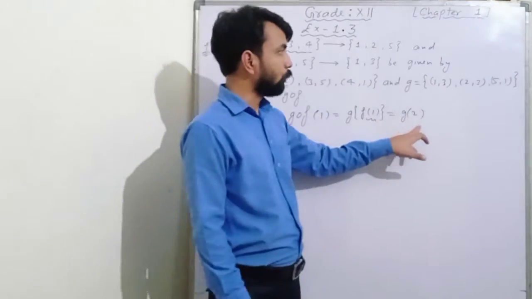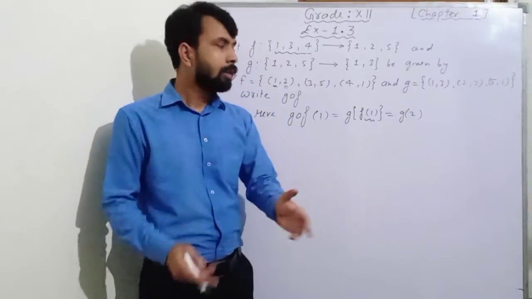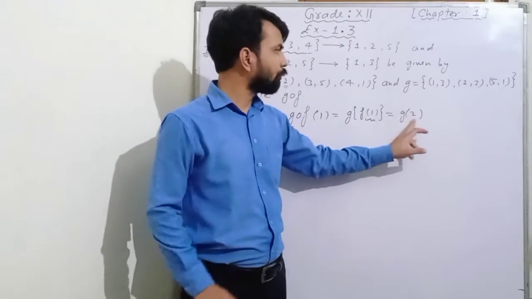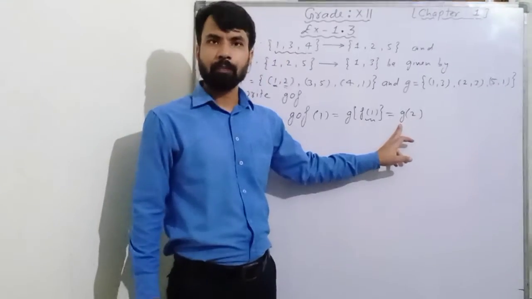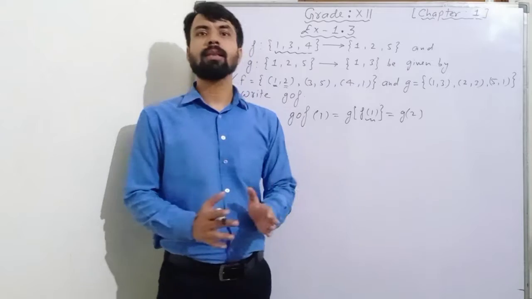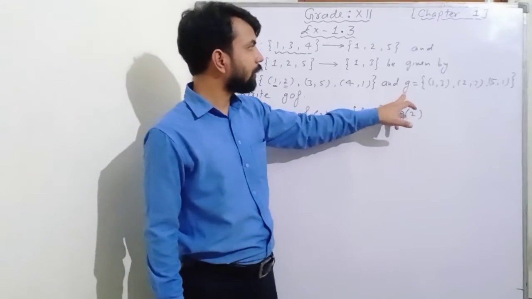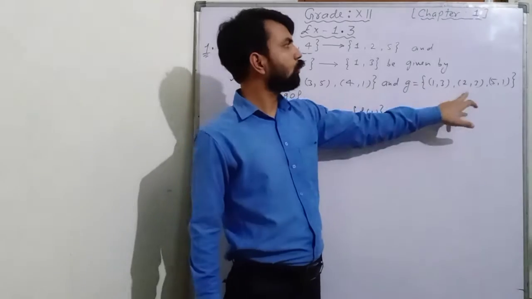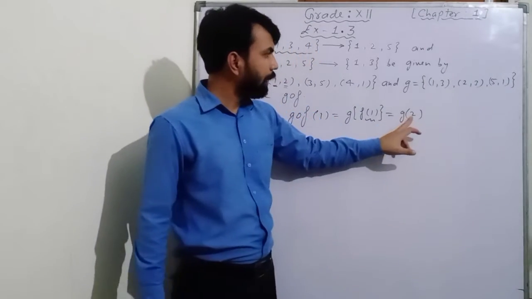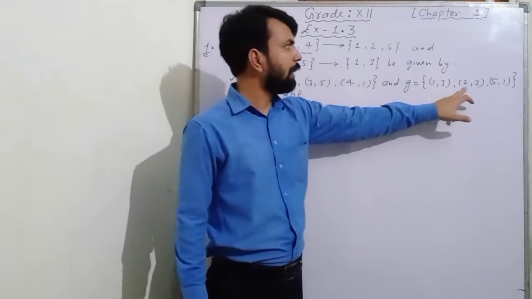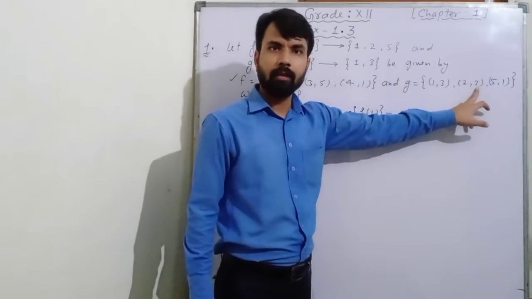Now see g2. g2 is the image of 2 under the function g. The g function is defined here 1, 3, 2, 3, 5, 1. So the image of 2 in g is 3.